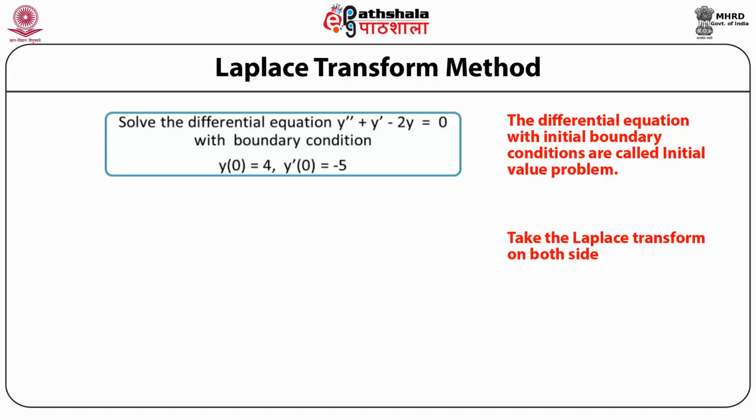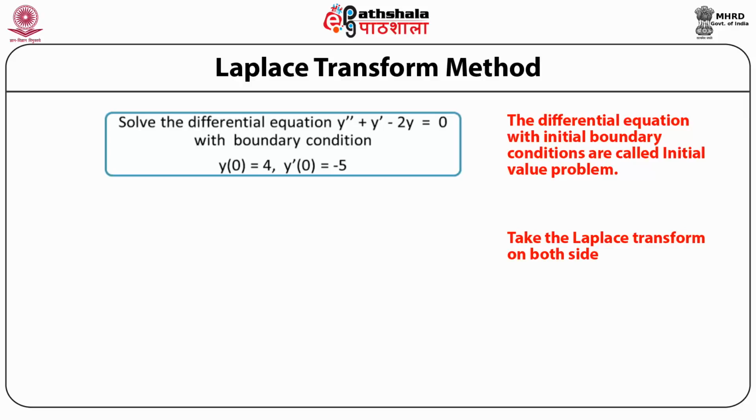L of y double dash can be written as s squared capital Y of s, minus s into y of 0 minus y dash of 0. Then L of y dash, the second term, can be written as s times capital Y of s minus small y of 0, that is function of 0, or time t is equal to 0, minus the third term.